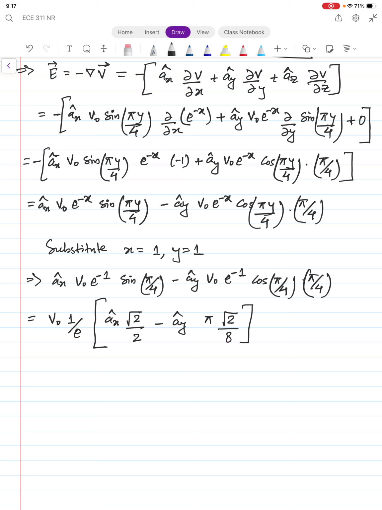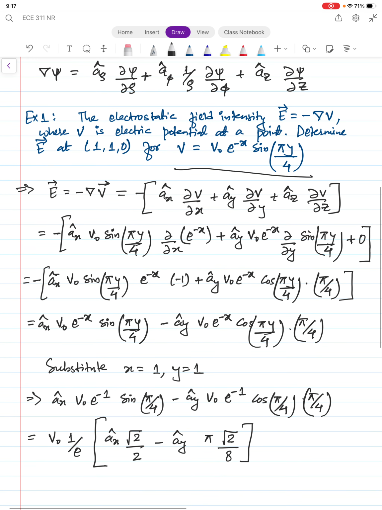Okay, that is our final answer. Okay, that is a good example of problem solving for gradient of a scalar field.